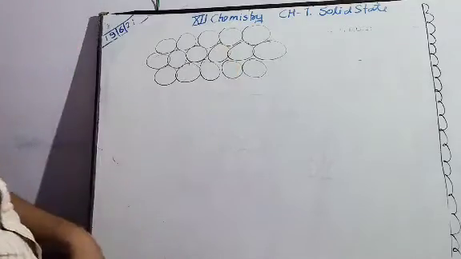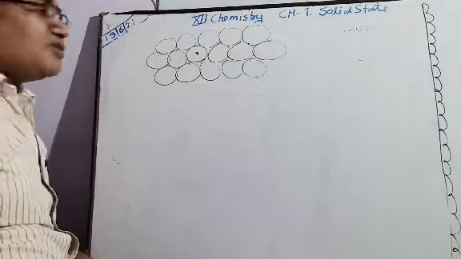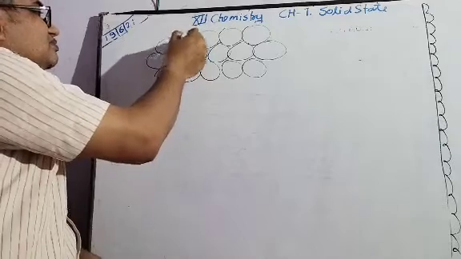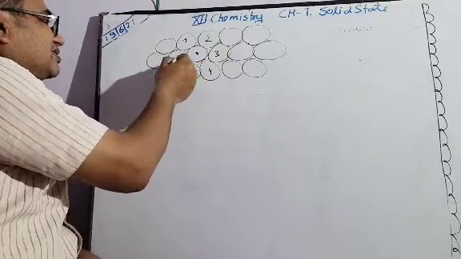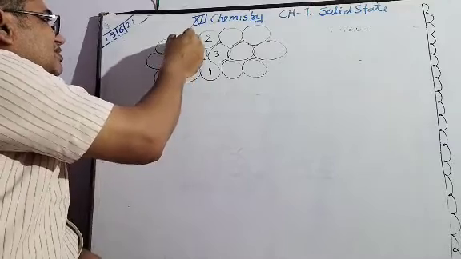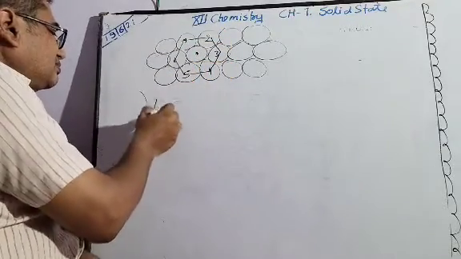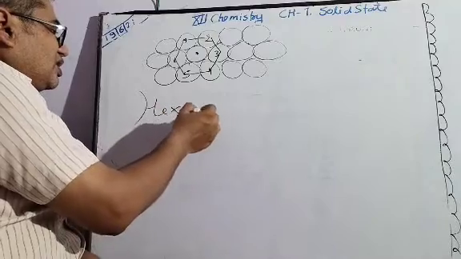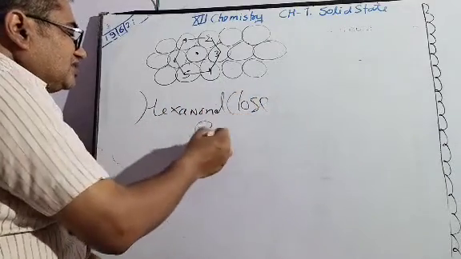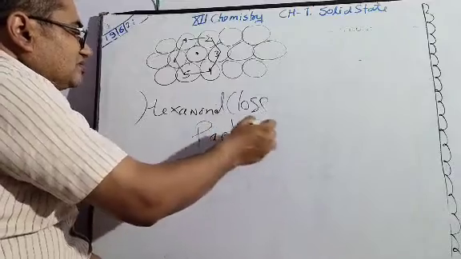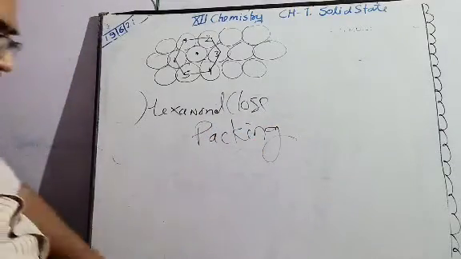So this is the central atom, okay, and 1 atom, 2 atom, 3 atom, 4 atom, 5 atom, and 6 atom. These atoms are making a hexagonal shape. This is the hexagonal close packing. Understand? So it was the 2D hexagonal close packing.